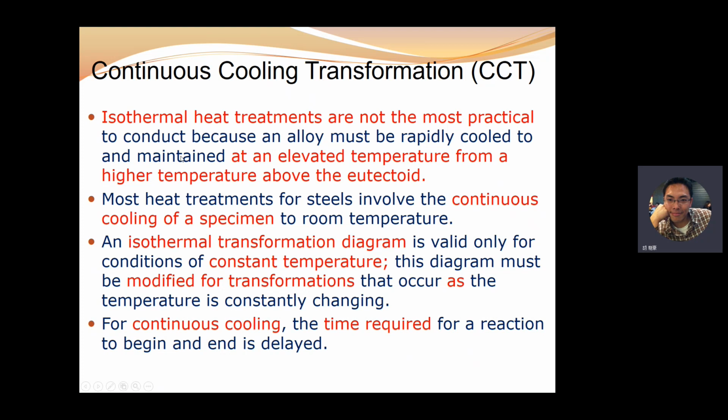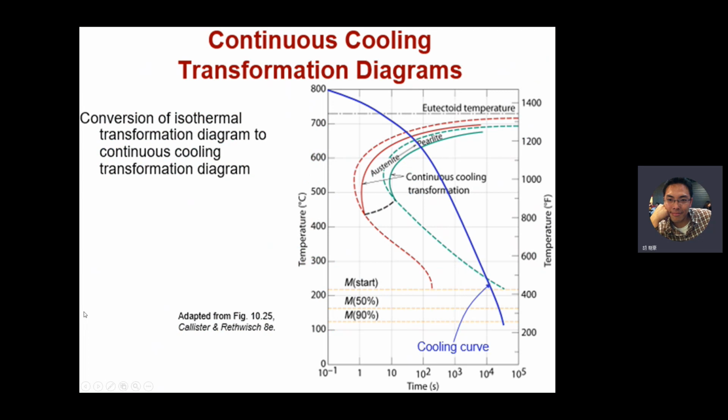Therefore, for continuous cooling, the time required for a reaction to begin and end is delayed. Okay, so this is important. You have to remember that for continuous cooling, the time required for a reaction to begin and end is delayed. So we have to consider a real case, that means continuous cooling.